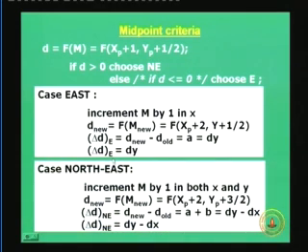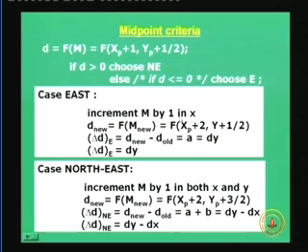And in the case of northeast, delta d northeast is given by dy minus dx. That is one difference in the last two lines. Delta d in the case of east is dy, and the difference of the decision variable when you have chosen northeast is dy minus dx. That is the main difference. The other difference is you have to increment m by 1 in both x and y directions in the case of northeast. In the case of east, you increment the x coordinate only by 1.